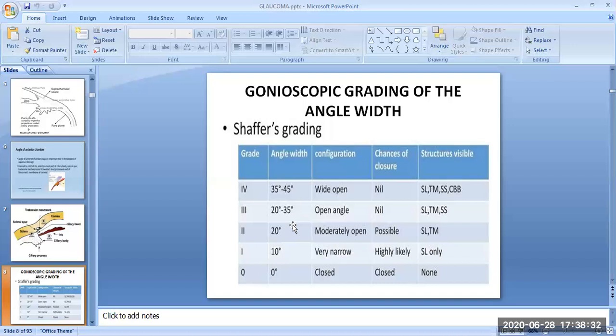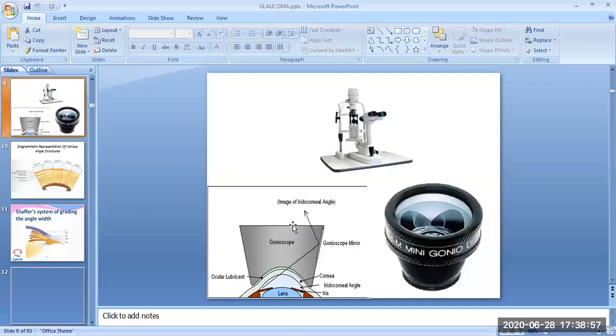The chance of closure is highly likely, and only Schwalbe's line will be visible. And the last is grade 0, where the angle width is 0 degrees and the configuration is closed, closure is very much possible, and the angle will be closed and no structure will be visible.